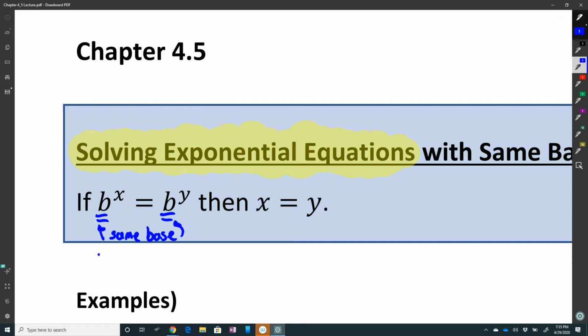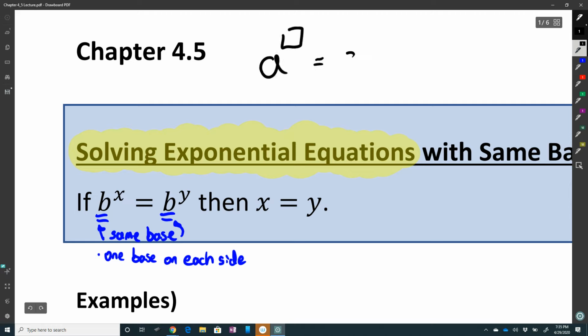So you have a to the something equals a to the something, and that's it. Nothing else. There's going to be nothing else on this side, and there's nothing else on this side.